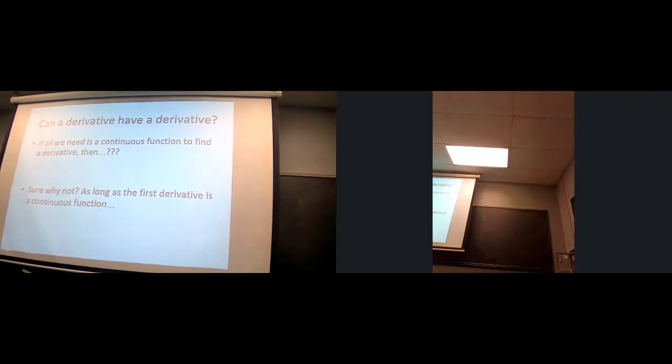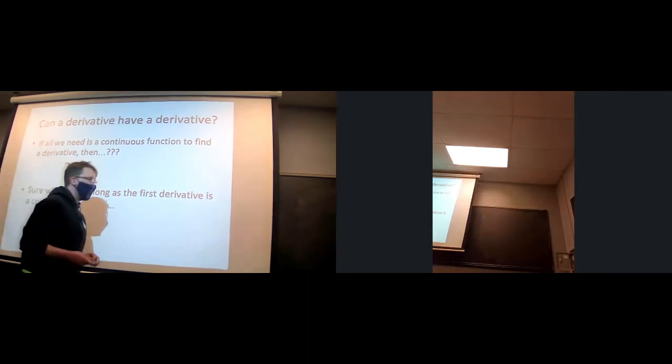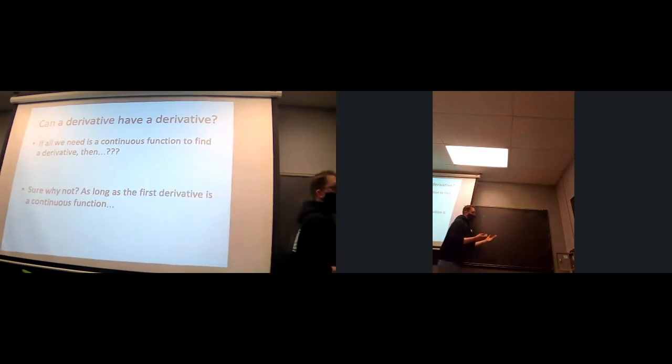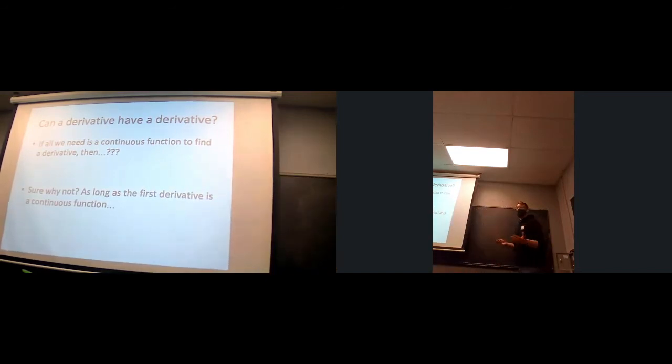Derivatives give out functions. So long as the function that the derivative evaluates to is continuous where we're trying to differentiate a second time, why can't we? For that matter, why can't we do it a third, a fourth, a fifth, a sixth, a seventh time? Why can't we do it infinitely many times?